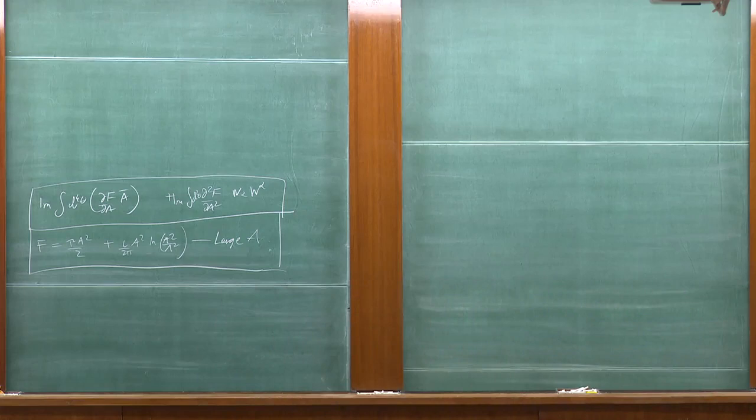The idea was that in one patch we use one set of A variables, one set of gauge fields. In another patch we use another set of gauge fields, and on the overlap of patches, these descriptions are the same because they're related by electromagnetic duality. That was the basic idea.